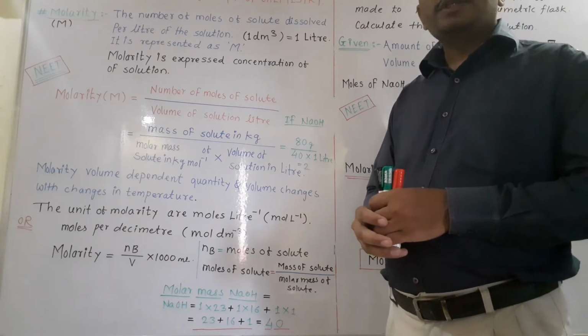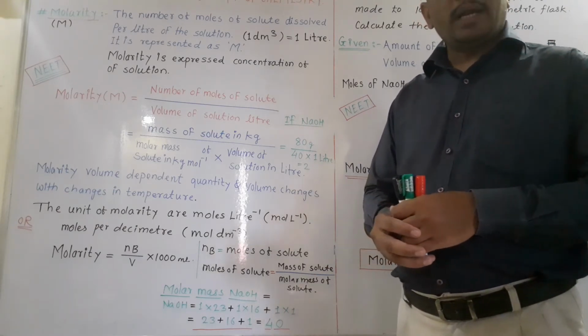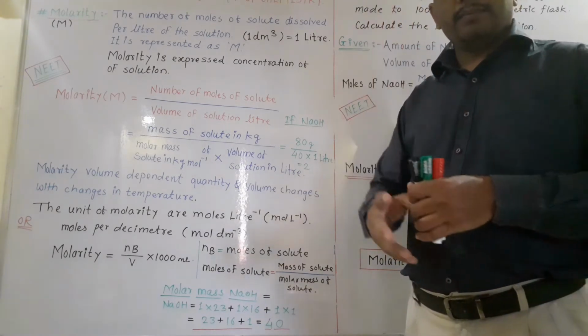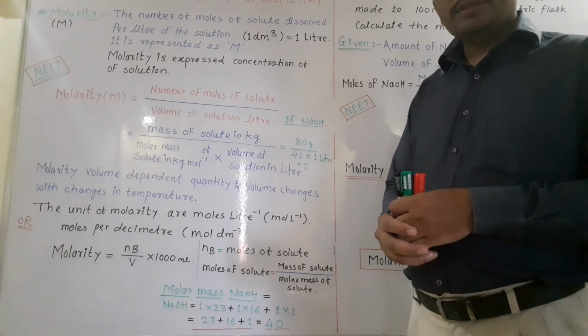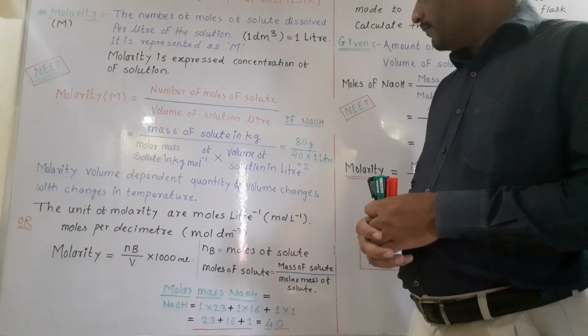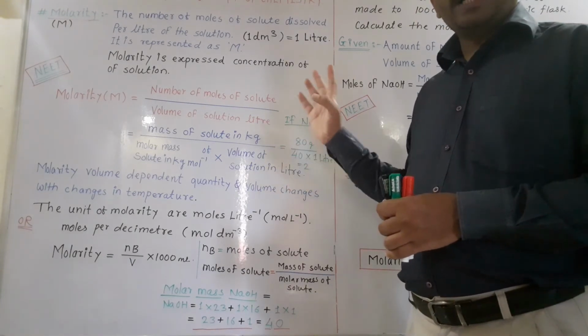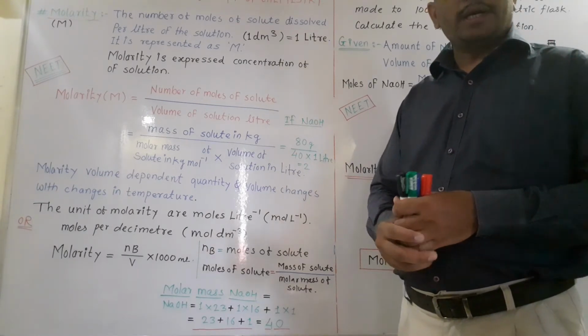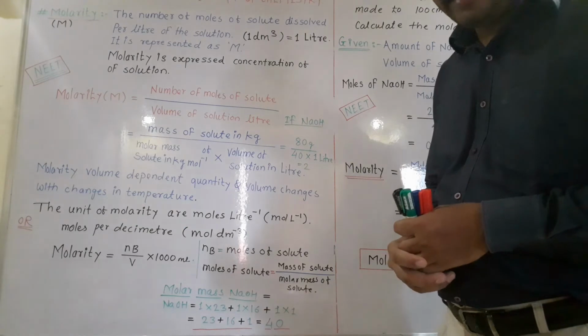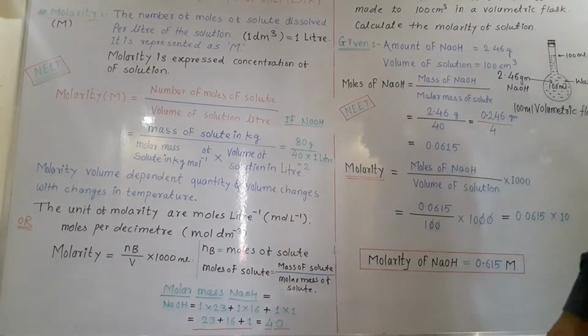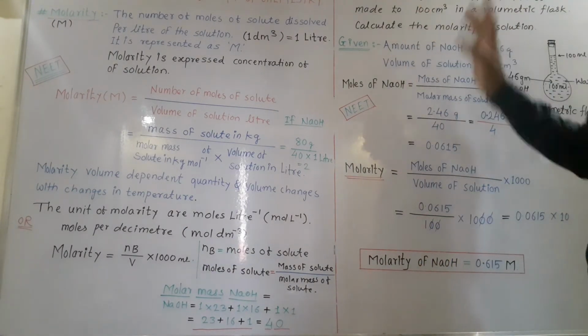If it is dissolved in 1000 ml or 1 liter of water, we get a 2 molar NaOH solution. In this way we can calculate this example.